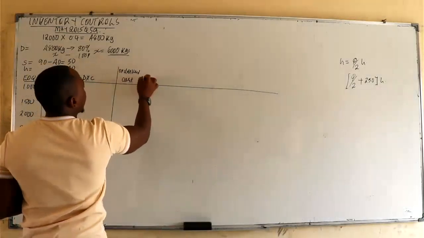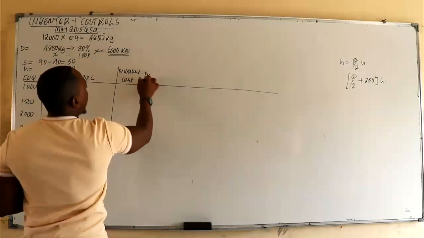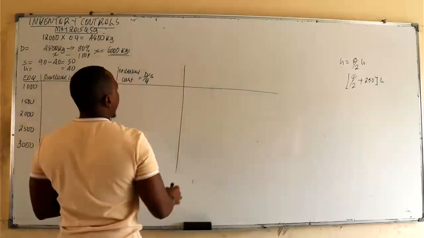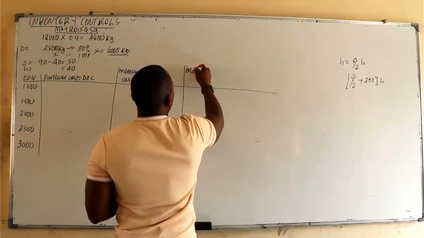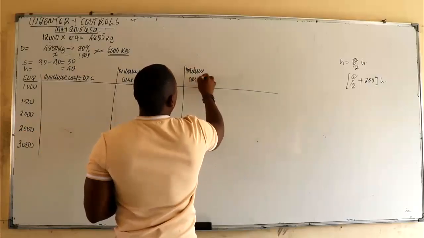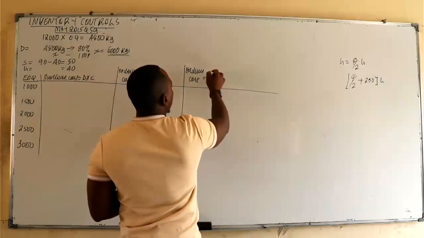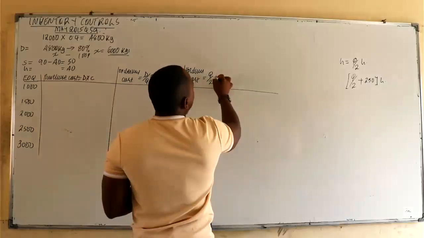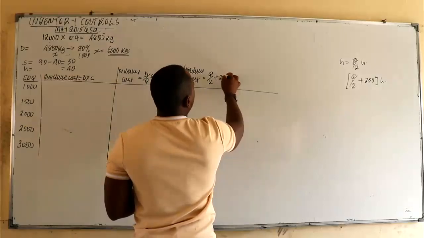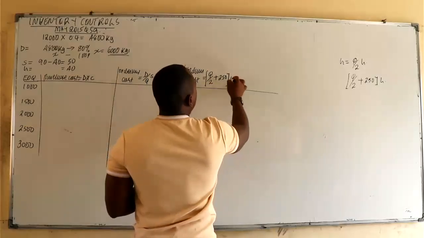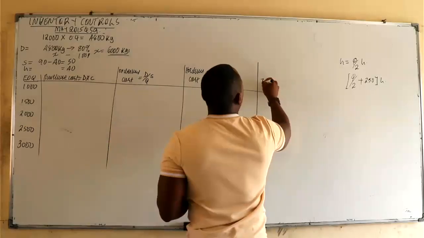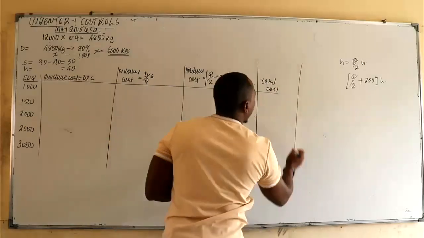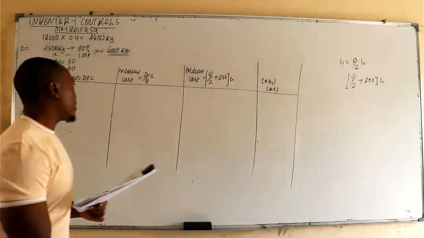To get the ordering cost, it's D over Q times S. Then we need the holding cost. In this case, since we have the safety stock, it will be EOQ divided by 2 to get the average, and then you add the safety stock we are maintaining of 250. Then you add all of them, you get the total cost. Then you make your decision based on the total cost.